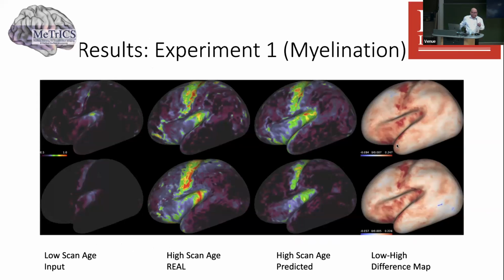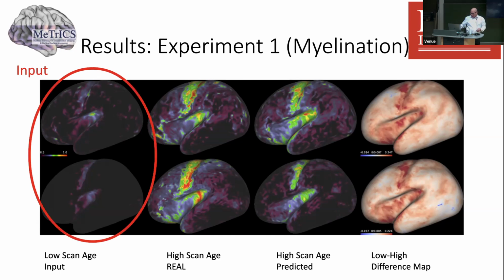In terms of our qualitative results, we're actually quite lucky. We have longitudinal data. So we have babies born, scanned, and then scanned again later on. So if I have a cycle GAN that's aging this baby, I'll compare the later scan to my predicted aged output. We can see this for two subjects. It gives actually pretty decent results. It gives the kind of changes in myelination that we expect.